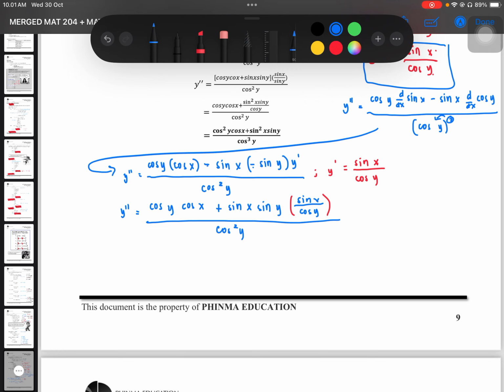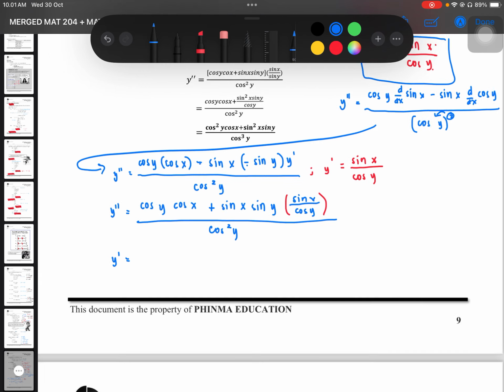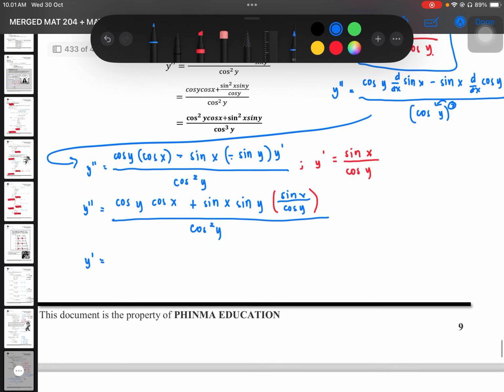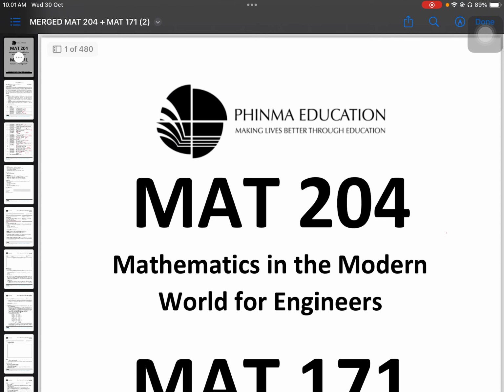Okay? So by simplifying this, we have y double prime is equal to, okay, etong nandito sa part na to, yung nasa numerator natin. Okay, sorry.